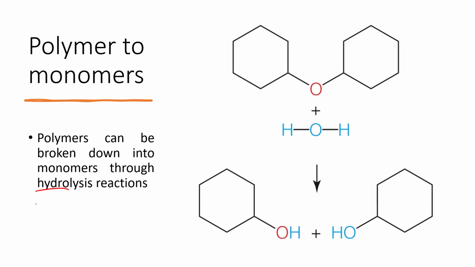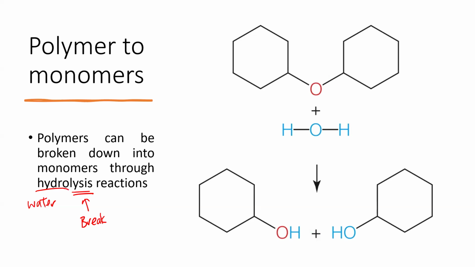So hydro is water. Lysis is to break. Sometimes it's a good idea to remember some of these prefixes and suffixes because they will be used in many different contexts. So hydrolysis is to break using water.